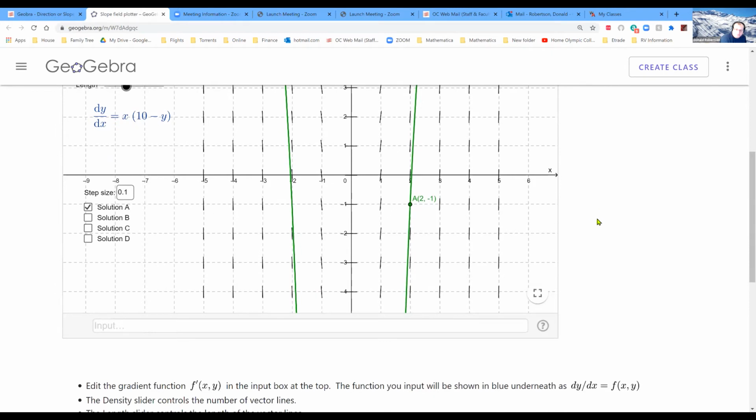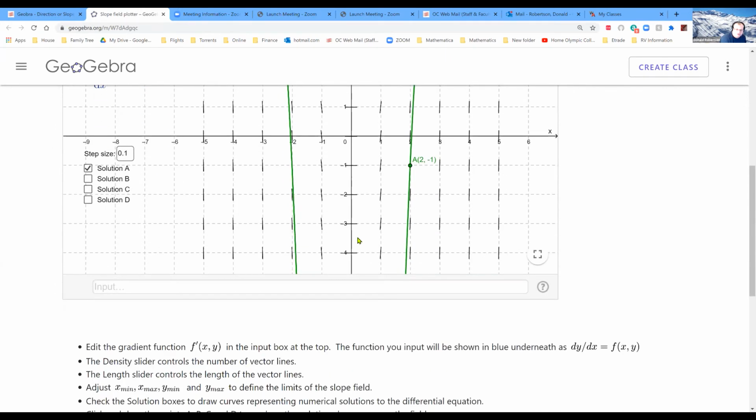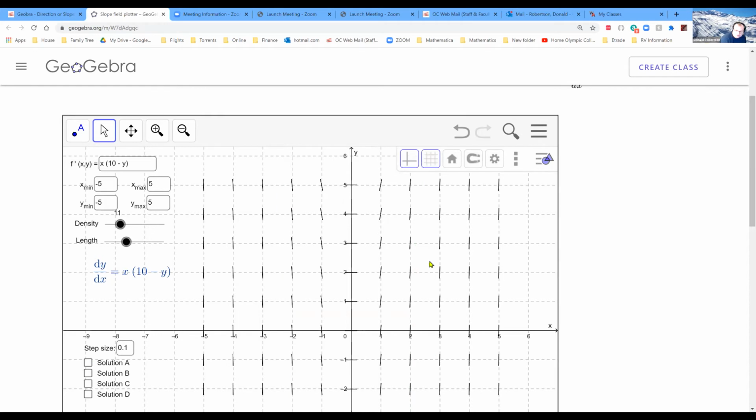There you go. So this is what the direction field or slope field would look like. And you have a whole load of choices, if I click this here to make that go away, to see which one this looks like.